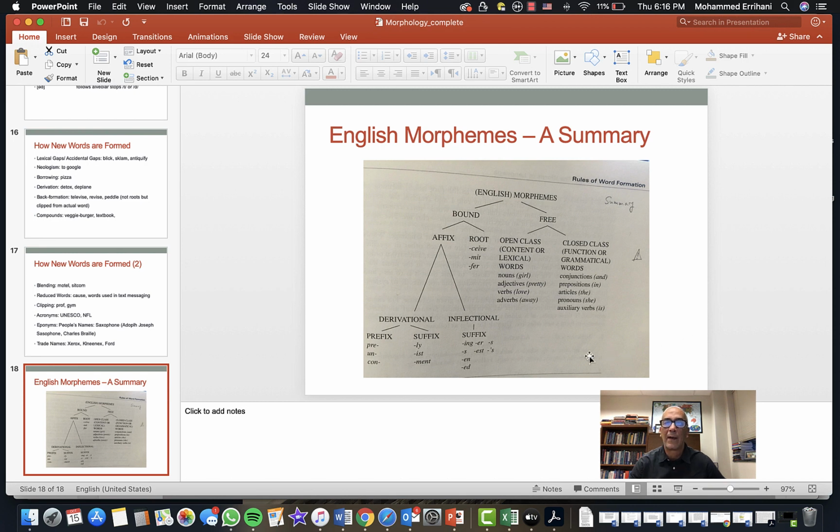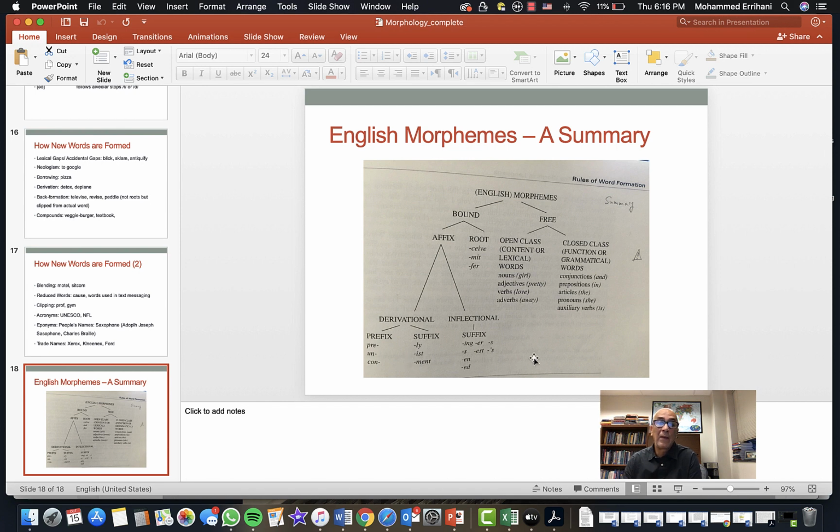I can't. Sorry. But the inflectional morphemes are basically attached to a word to provide more information about the grammatical meaning. It doesn't really change the word or its category, and they usually occur after the derivational morphemes.